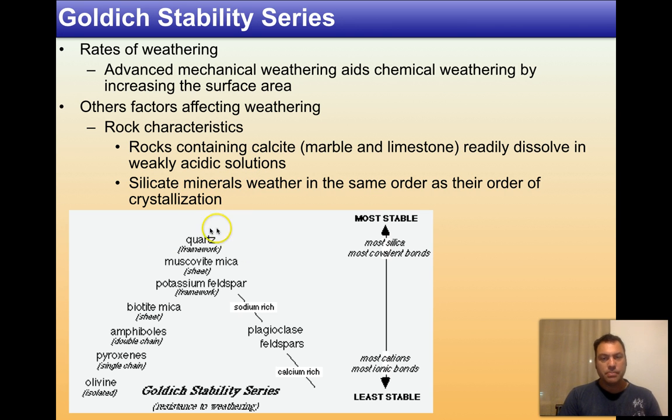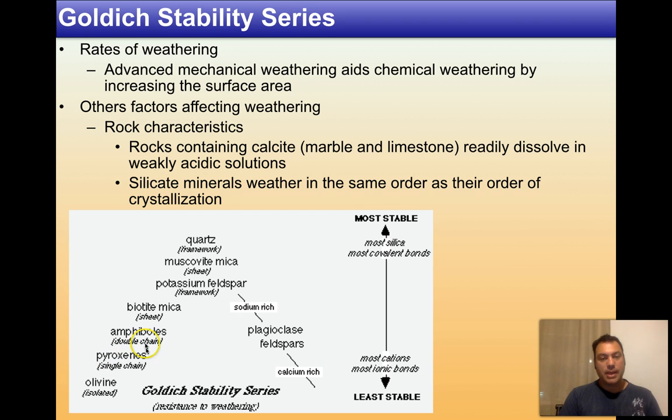Quartz, it turns out, is the most stable. If we look over here, quartz is most stable because it has the most silica and the most covalent bonds. All right, so here we got quartz, it's nice and happy. Here's muscovite. And as we look at this, we notice that this relationship is exactly the inverse of something we've seen before. It's the inverse of Bowen's reaction series. So it turns out that quartz is the most stable and olivine would be the least stable.